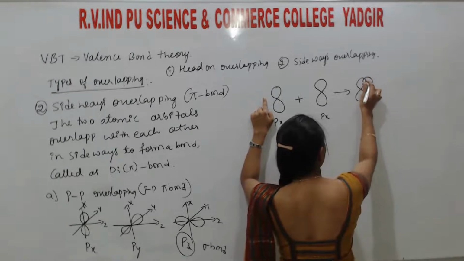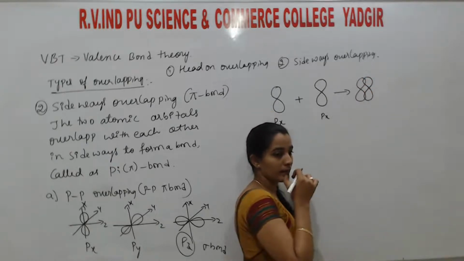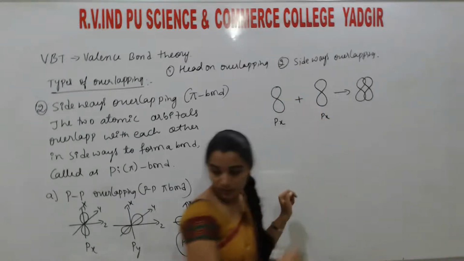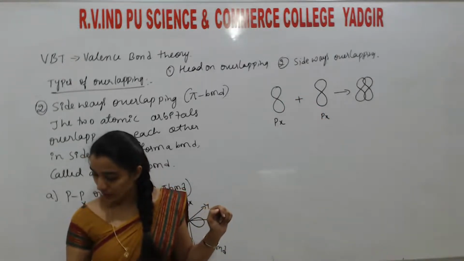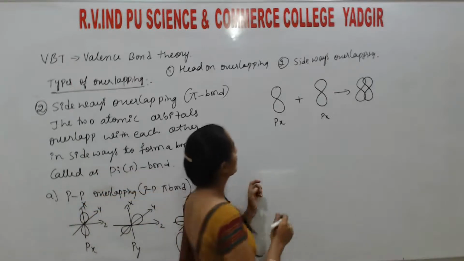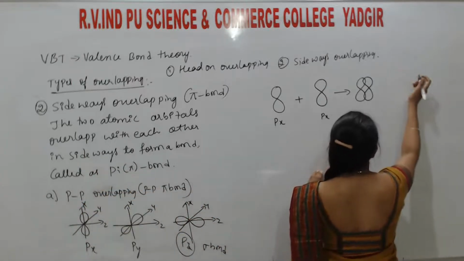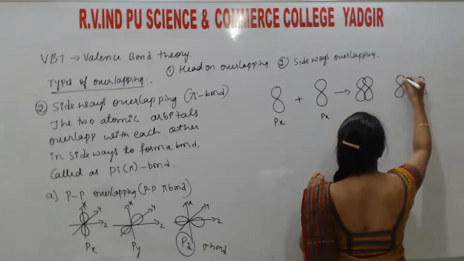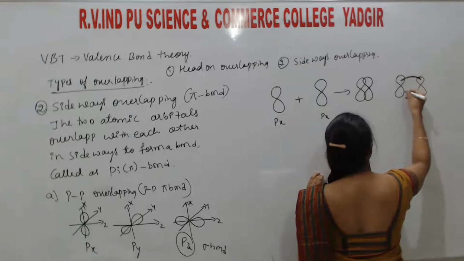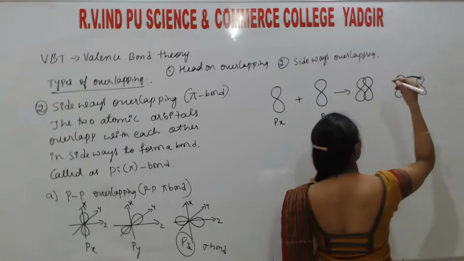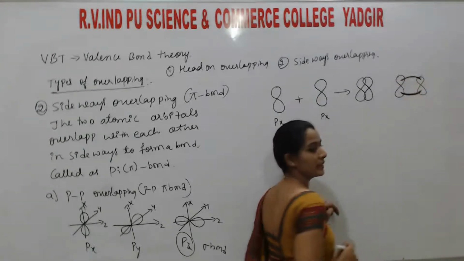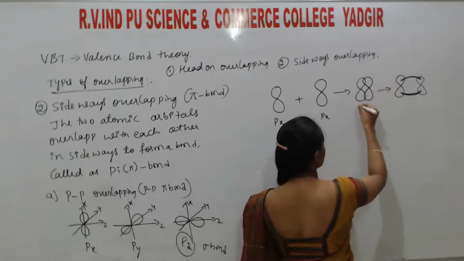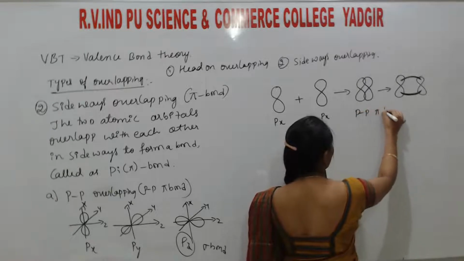Sideways overlapping. Assume any atom is there. I'll explain later. Here, how the bond takes place: the bond is formed above the plane and below the plane, not at the center. This is how the bond takes place. This is what PP pi bond is.